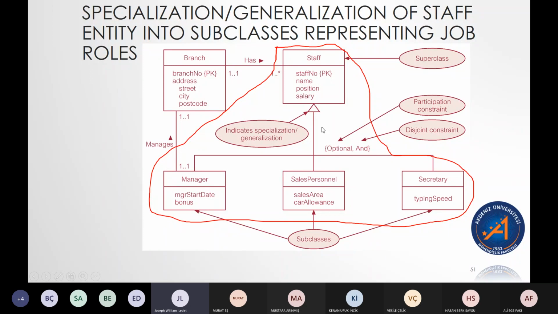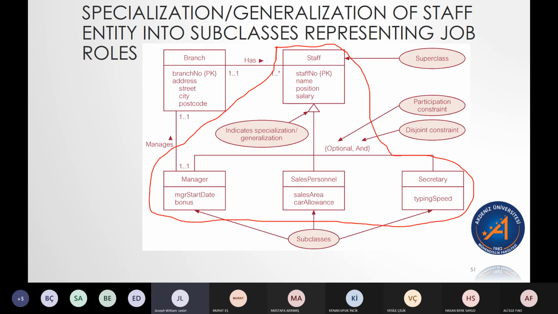So the way to understand optional is to understand that since they can be just a member of staff, they don't have to be a member of the child classes, then staff in this case would be non-abstract. If you want to go back to what we talked about with abstract classes in UML and Java. So staff is a non-abstract class. Someone can be just a staff person.